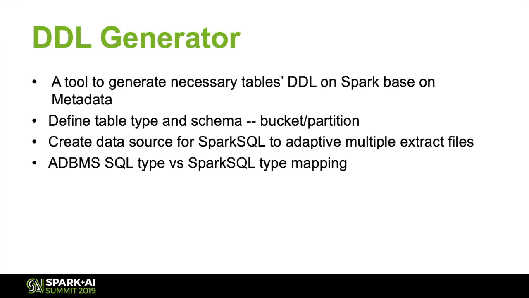The third goal is to define the file input format for state tables, which are the intermediate tables whose data is loaded from files extracted from OLTP systems. The input file format could be CSV or some ETL2-specific file format. A new input format has to be developed to let Spark read the files correctly.